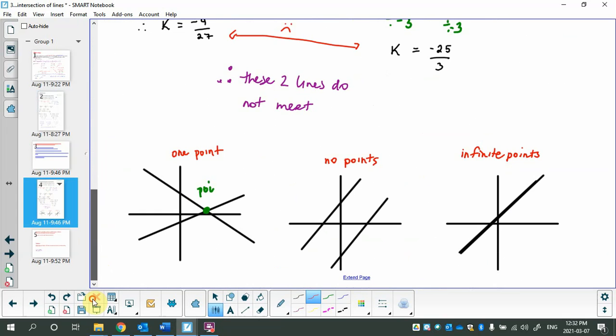In 3 space, you actually have 3 possibilities, and a fourth. So yes, you can land in one point of intersection. You can intersect in no points because the lines are parallel and will never bump into each other. They can be the exact same lines, in which case you have infinitely many points.